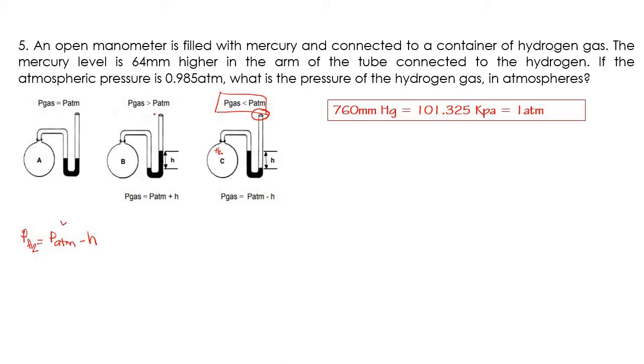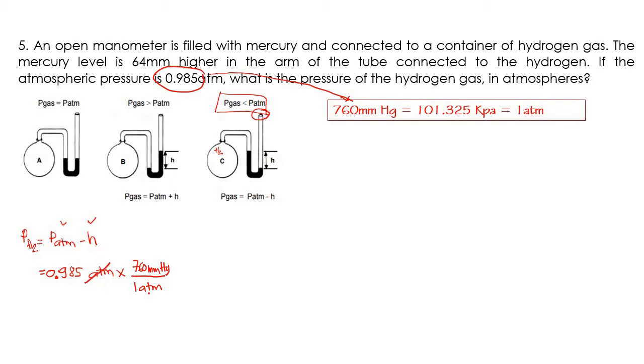So our atmospheric pressure is given to be 0.98 atmosphere. So we have to convert this into millimeter so that we can subtract the value of H, which is in millimeter. So this is 0.98 atmosphere. Convert it. So 1 atmosphere is equal to 760 millimeter of mercury.